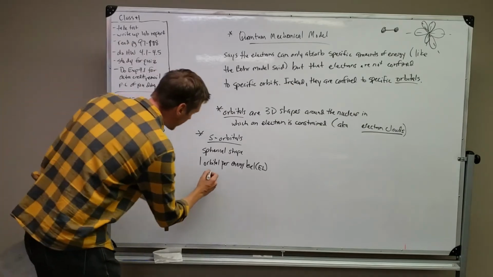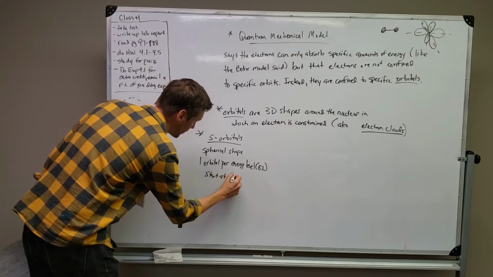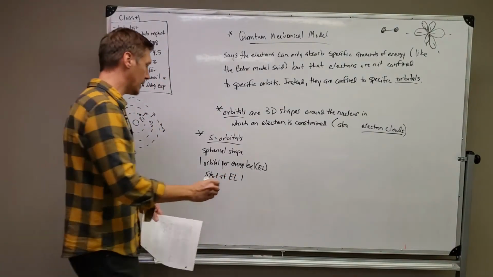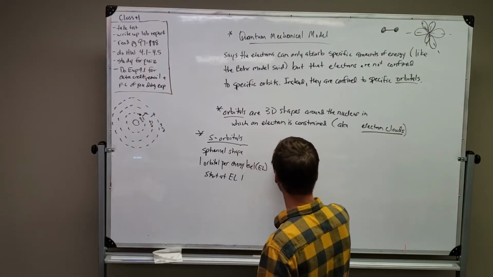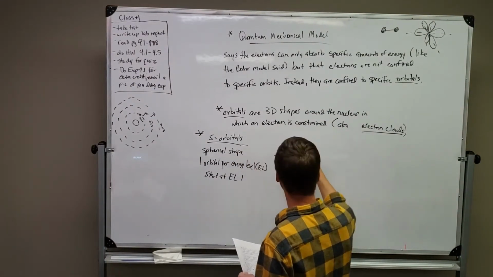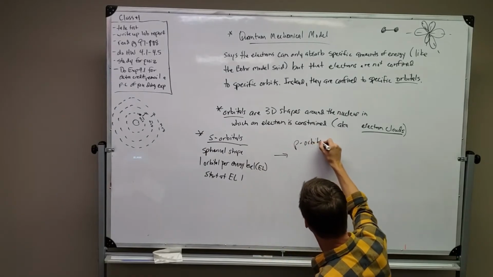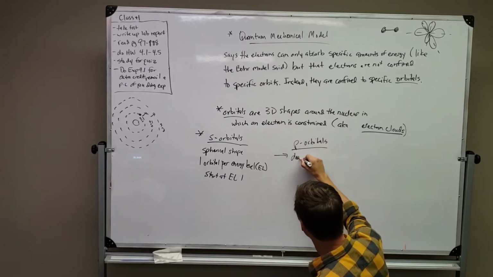The other thing to note about the s orbitals is that they start at energy level 1. And we'll see what that means. Some of this stuff's not going to make a lot of sense until we talk about it a little bit more. We move on to the p orbitals. The p orbitals are dumbbell shaped.